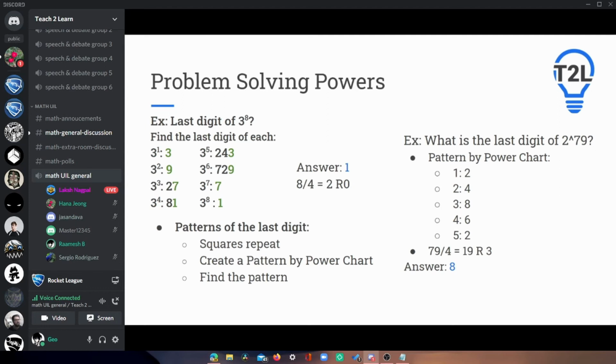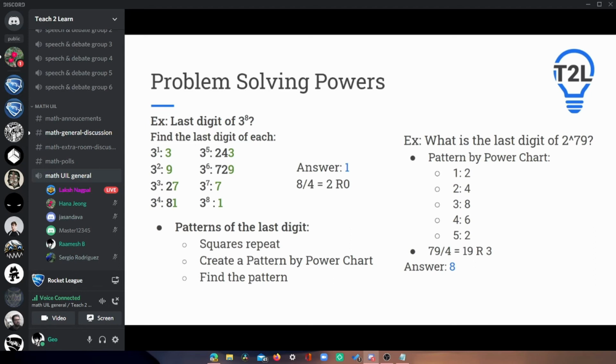So you divide 8 by 4 and get 2 remainder 0. So 3 to the... wait, no, is that right? I don't think that's right. Sorry, I think my explanation's off.